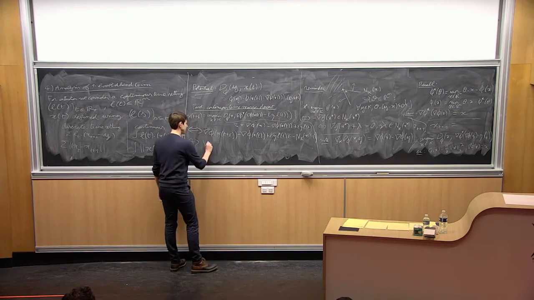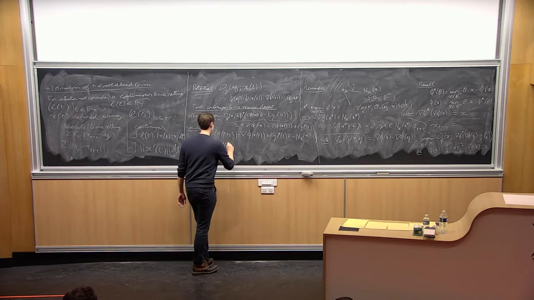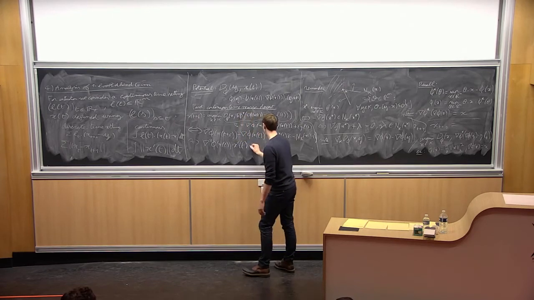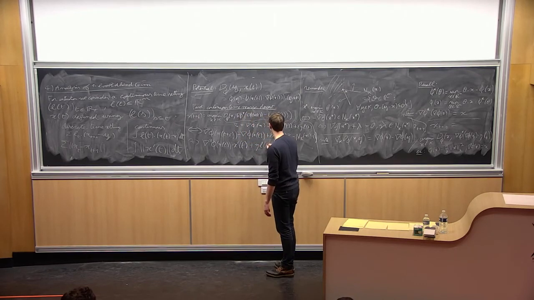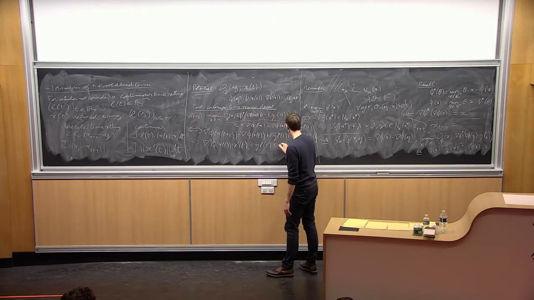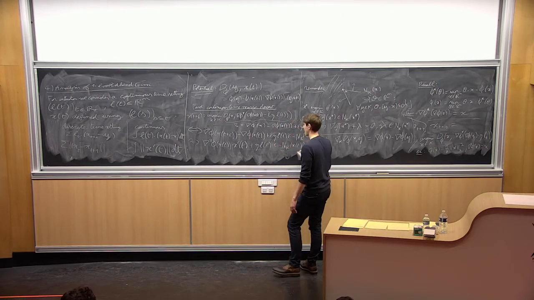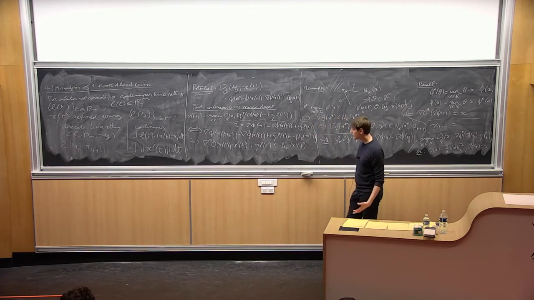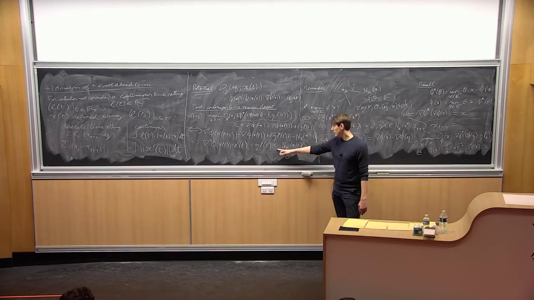So this implies that the Hessian of phi at x_t times x'(t) plus eta l_t is in minus the normal cone at x(t). So it's not really a differential equation, but it's a differential inclusion.